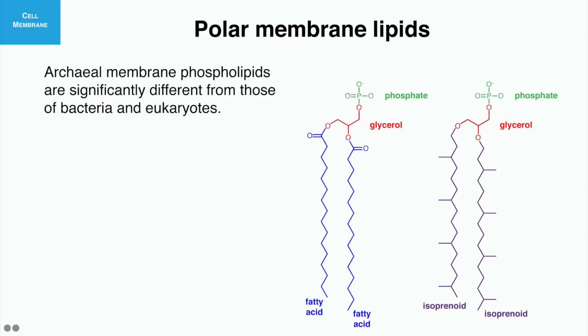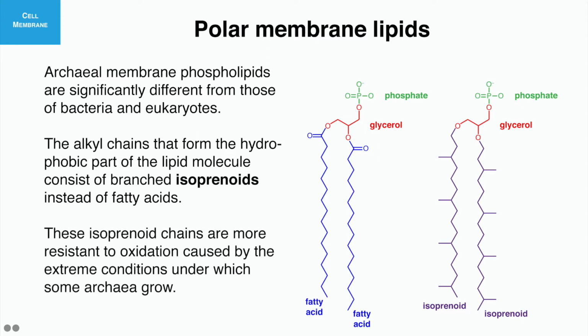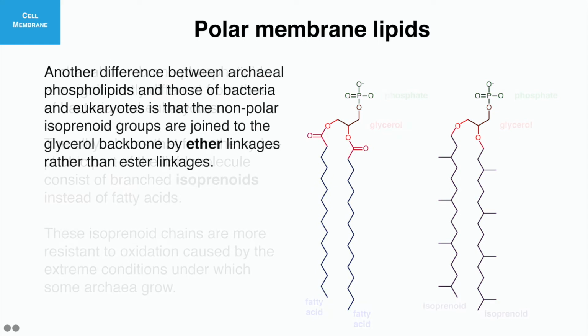Archaeal membrane phospholipids are significantly different from those of bacteria and eukaryotes. The alkyl chains that form the hydrophobic part of the lipid molecule consist of branched isoprenoids instead of fatty acids. These isoprenoid chains are more resistant to oxidation caused by the extreme conditions under which some archaea grow.